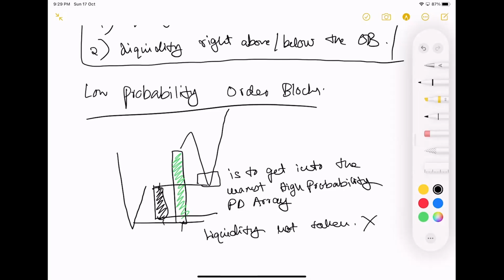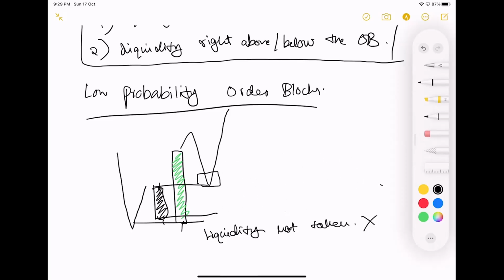What if there was SMT? You learn that towards the end. Just to get into the nearest high probability PD array, and then after it reaches that particular PD array, it'll just boom, boom, boom, straight away go for these relative equal lows.